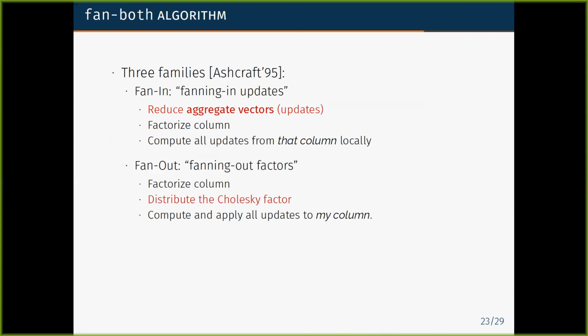In a fan-out algorithm, which is what most people are familiar with, once a column has been factored, the factored column is sent to the columns that need to be updated, and the processors owning those columns are the ones computing the updates. So the family is determined by the type of data exchange, and also the type of and where the updates are performed.